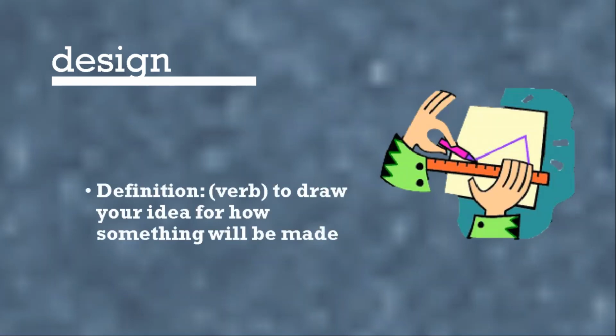We can say design as a drawing, but also the word design can be used when it comes to thought process, or like designing a room or designing the report, something like that. Okay, so the definition of the word design is to draw or make your idea for how something will be made.